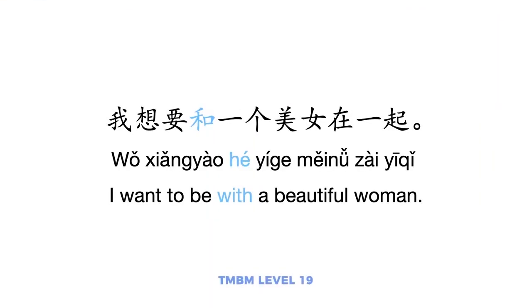我想要和一个美女在一起. I want to be with a beautiful woman. So usually textbooks are going to translate 和 as and, but in this sentence you can see that it's also possible to translate it as with. And it's a relator in this case. Why? Because the primary host does what guest structure, aka subject, verb, object, in this sentence is 我想要美女.